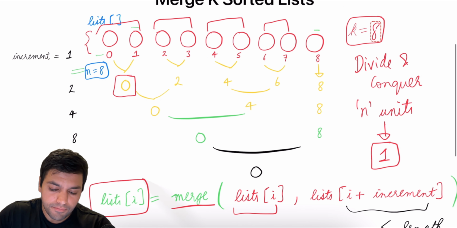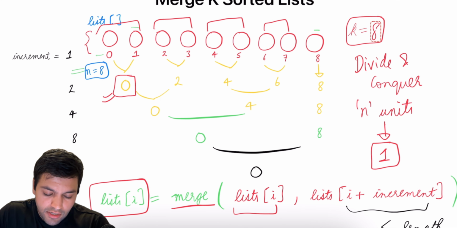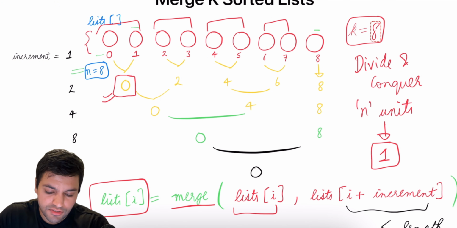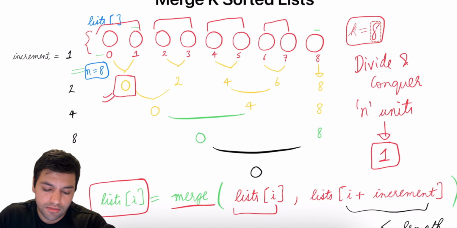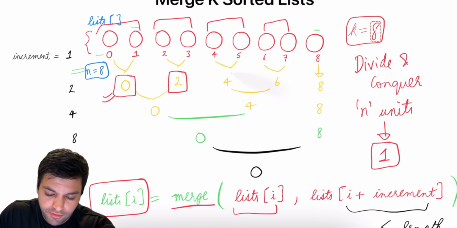So my final linked list will start from the original linked list. The head of the merged linked list will be the head of the linked list at index 0, then for the second pair the head will start from 2, then the third pair will start from 4, and so on.